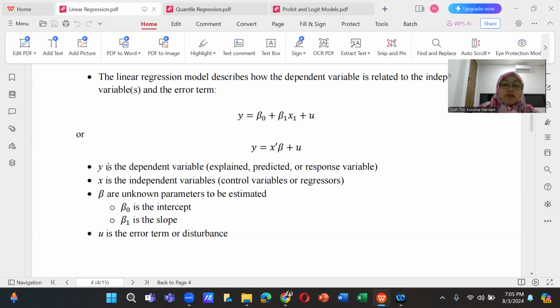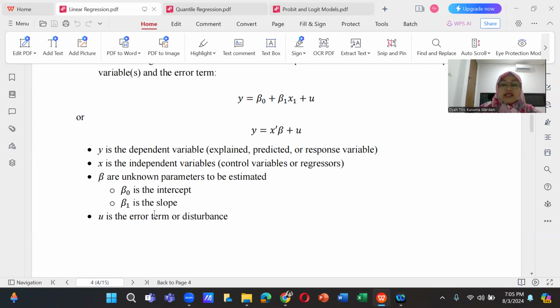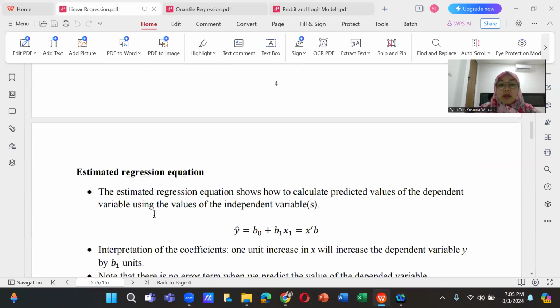Here, y is the dependent variable, also called the explained, predicted or response variable. X is the independent variable or control variable or regressor, and beta are unknown parameters to be estimated. So beta 0 is an intercept, while beta 1 is a slope. U is the error term or disturbance.